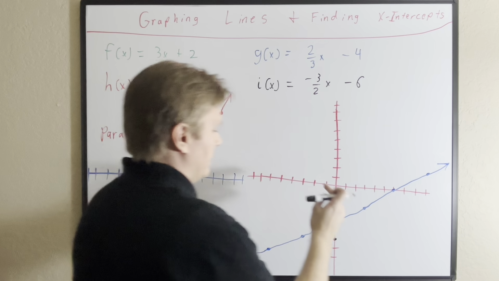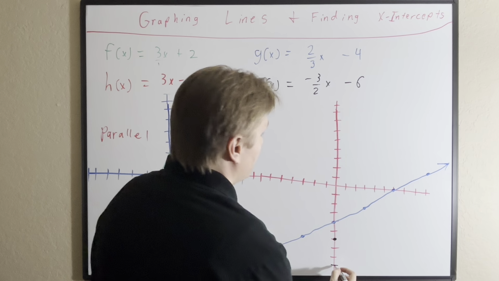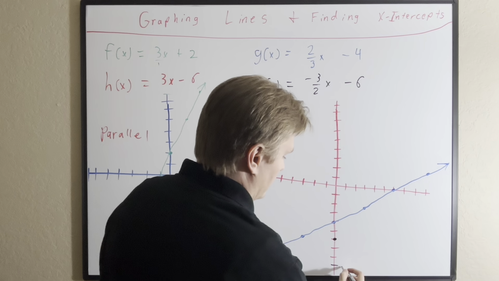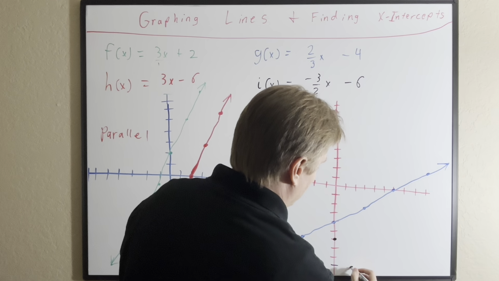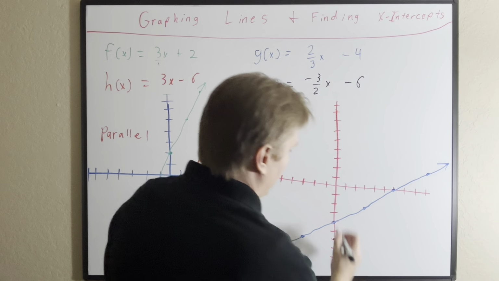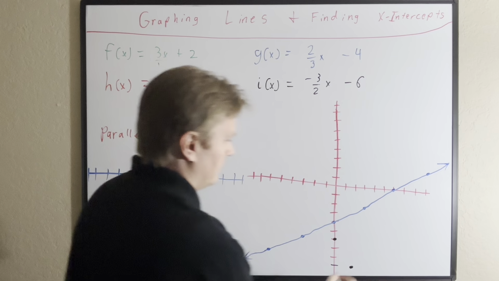So we go down 3, 1, 2, 3, and to the right 2. 1, 2. It's kind of the opposite of what we were doing before. So going up 3 and right 2, we go down 3, then right. Right?